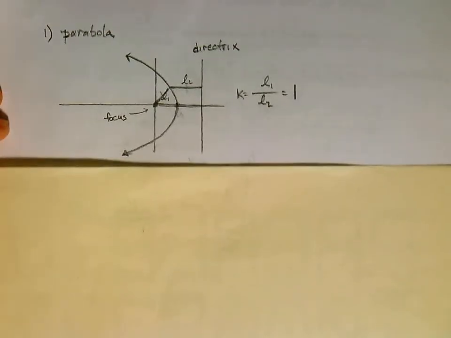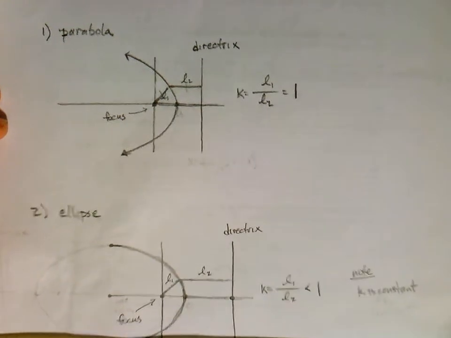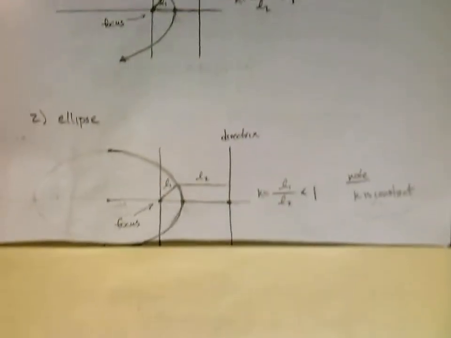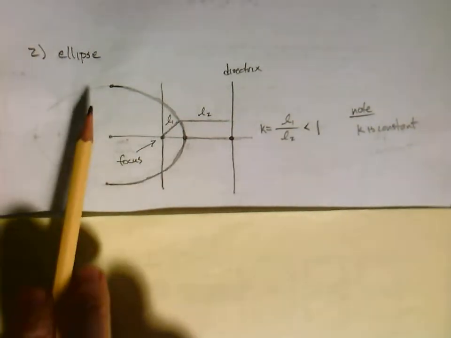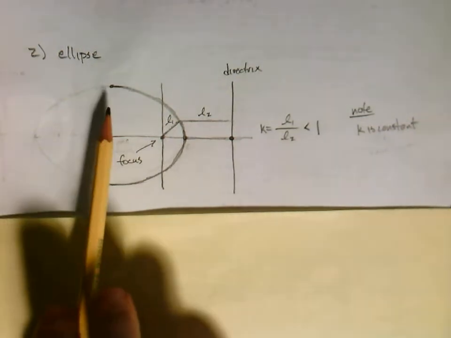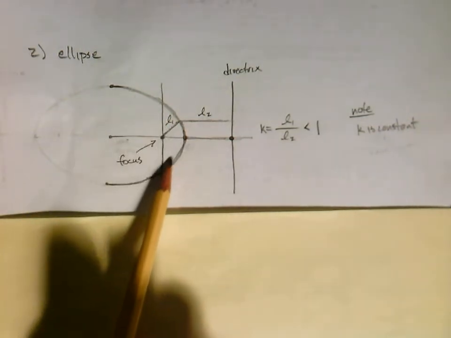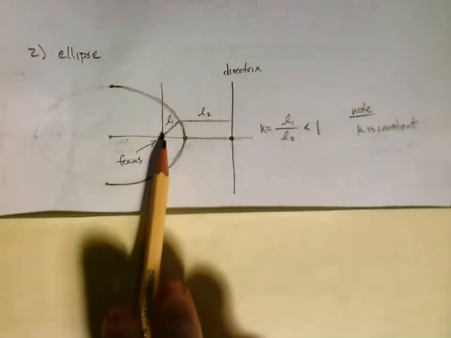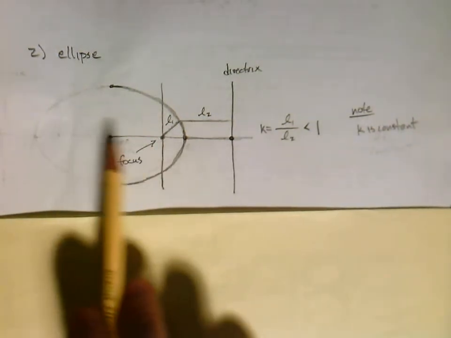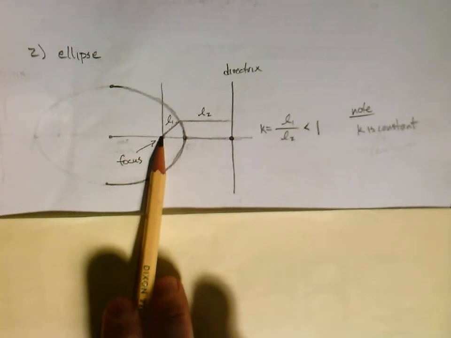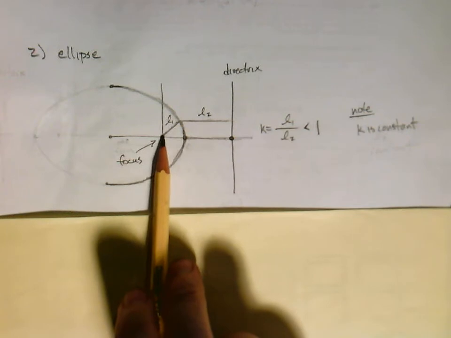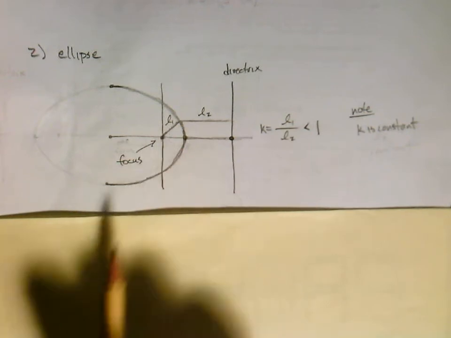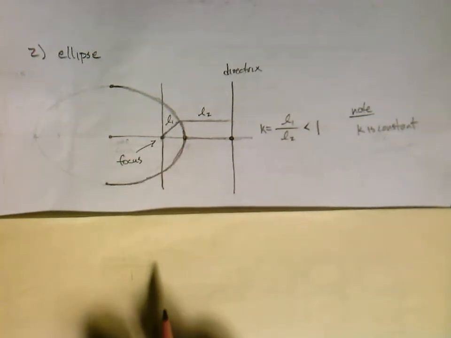Check out the ellipse. So what I've done here, I've drawn half of an ellipse, and you can see where I erased the other half, but we don't need that. Again, obviously there would be two foci, but I put this focus here at the origin. The vertex of the ellipse is some distance away, and yes, ellipses have a directrix.